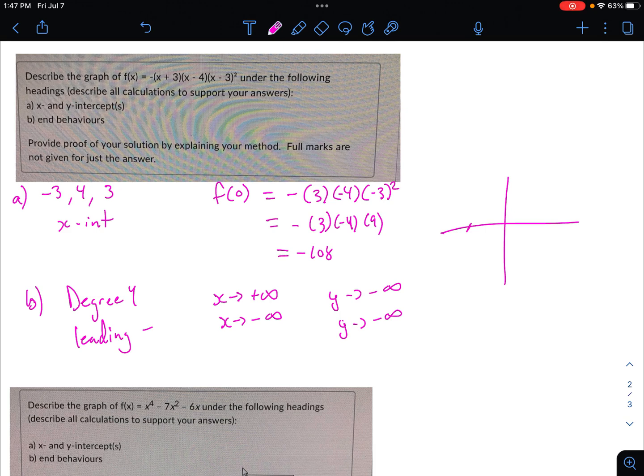At -3, it's going to go through. At +3, it's going to bump. And at 4, it's going to go down again like this.